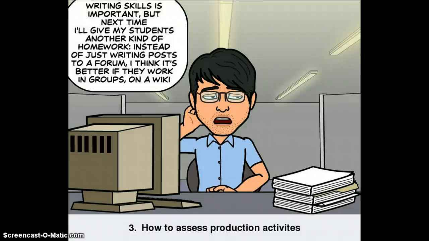Sometimes we just give the students homework of writing a paragraph or text, and we don't give the real context of it, so he just writes posts to a forum and doesn't know why he's doing that. I think it's better if we give them working groups in collaborative work like wikis, and so I think the activities may be more natural.